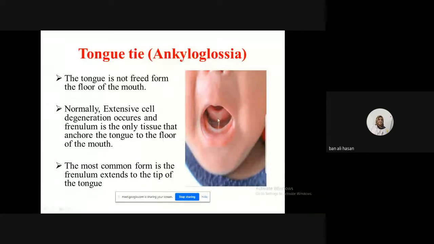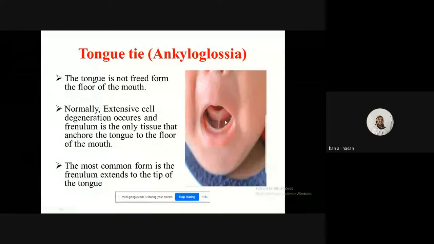Okay, but the most common form is when the frenulum extension is to the tip of the tongue. شو راح يصير بهالحالة؟ هذا الفرينيولم في حالة التونج تاي راح يمتد لنهاية اللسان ويمنع إنه اللسان يكون حر في نهايته، خلينا نقول في the tip of the tongue. واضح؟ So the tongue in this case will be connected or anchored by the frenulum tissue, and you can see that it's completely anchored to the floor of the mouth.